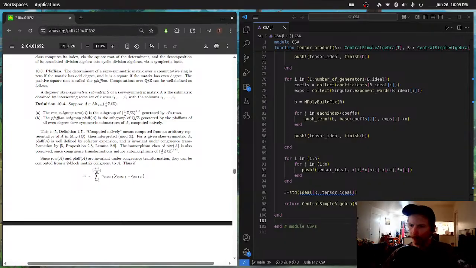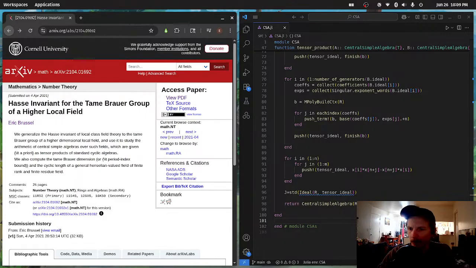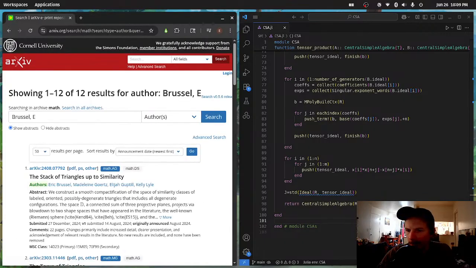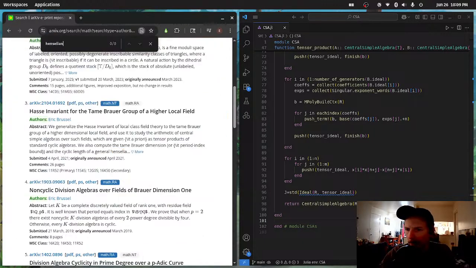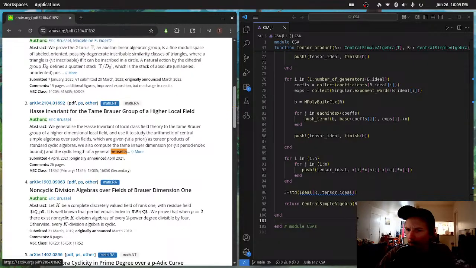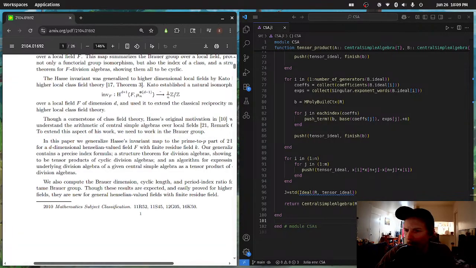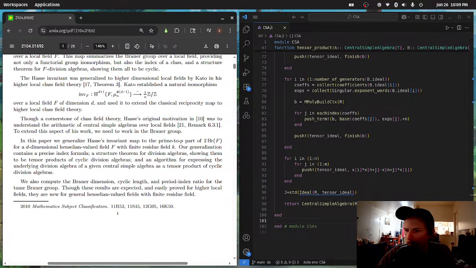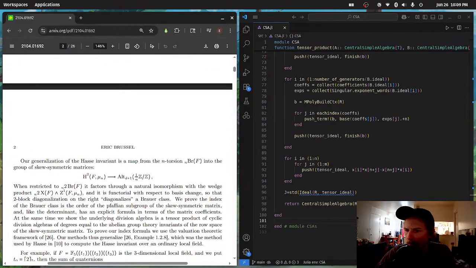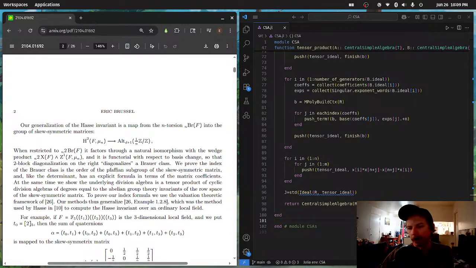So one thing that I'm wondering is, maybe this is the paper, the preprint form. Yeah, this is it.